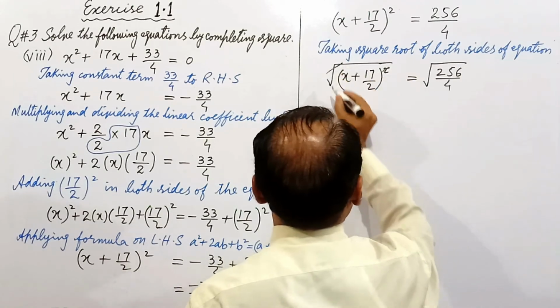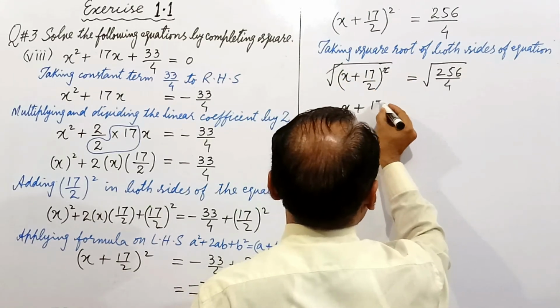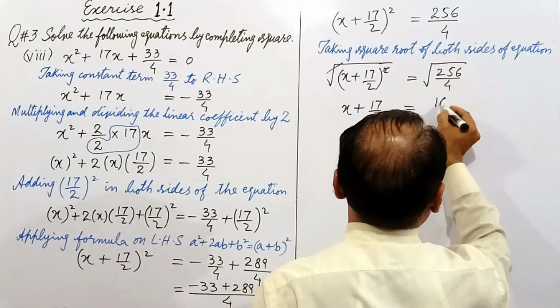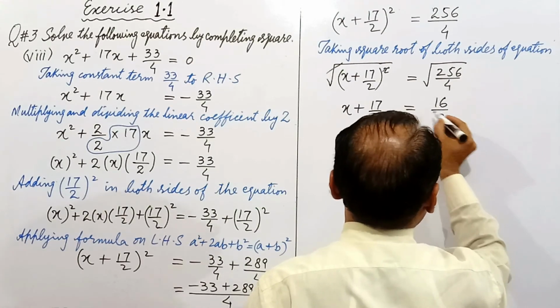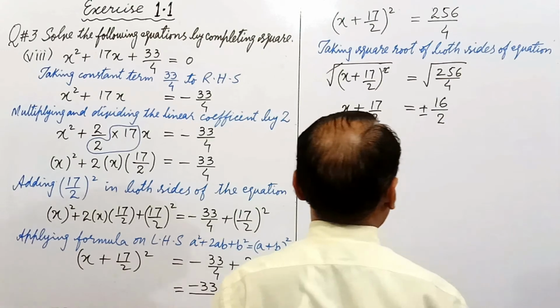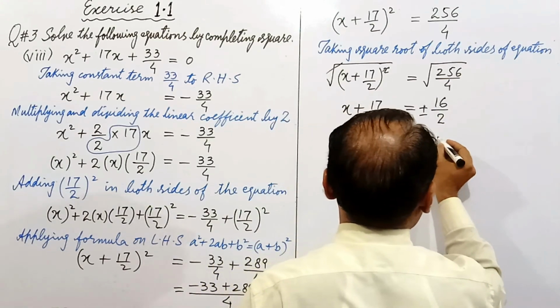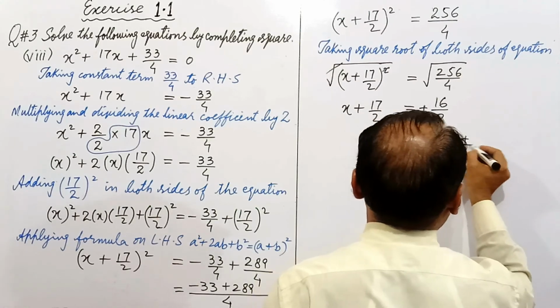The square is cancelled by the square root. We have x plus 17 over 2 on the left hand side, and on the right hand side the square root of 256 is 16 and the square root of 4 is 2, and we write plus minus along with it. We take 17 over 2 to the right hand side and we get minus 17 over 2 plus minus 16 over 2.